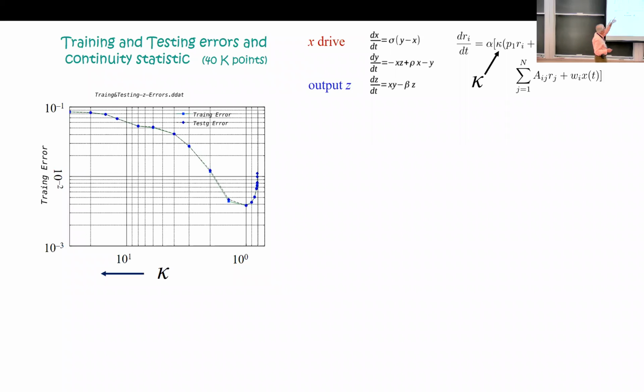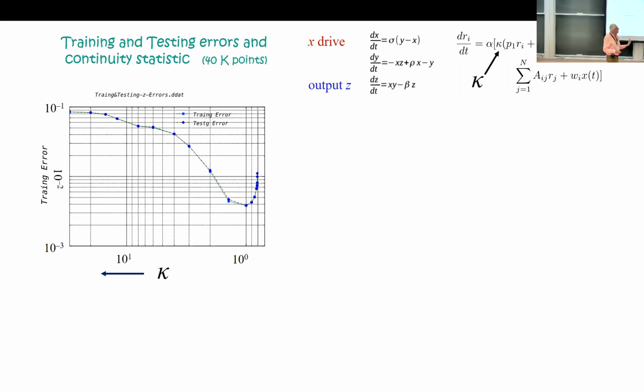If I have a very high damping, I don't get great values. I get close to 10% error for the z component reconstruction. But if I pull the damping down, I come down to a pretty low spot right here where kappa equals 1, where I get fairly good reconstruction of the z component, a little over an order of magnitude better than when you had a lot of damping.